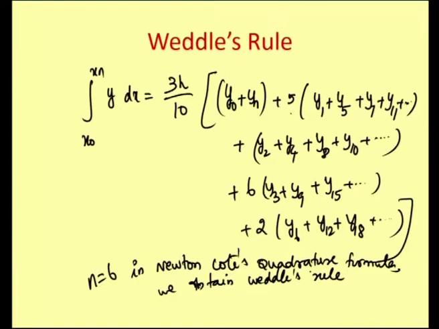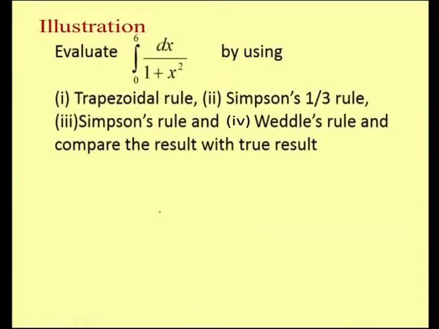Let us see this example. Evaluate the integral 0 to 6 of dx divided by 1 plus x squared by using first of all the trapezoidal rule, Simpson's 1/3 rule, Simpson's 3/8 rule and Weddle's rule, and also compare the result with the true result.